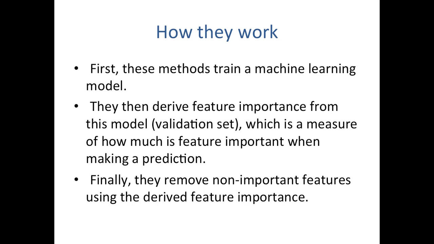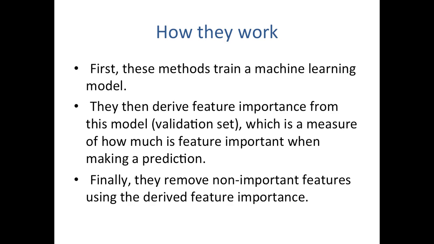So how do embedded methods work? As I've already said, these methods train a machine learning model, okay? And then in that training, they generally set aside a small validation set, which they use to understand the importance of the features. So they train the model and use that validation set to identify how important different features are with that model.